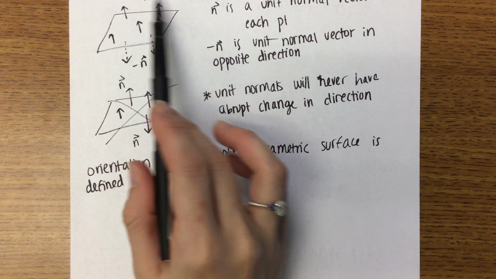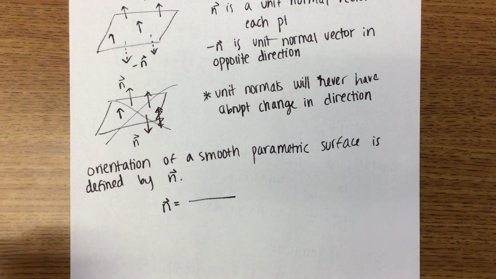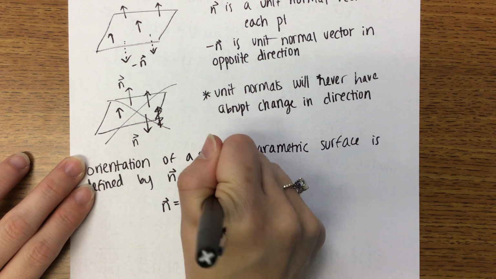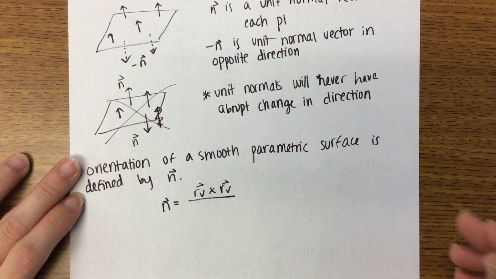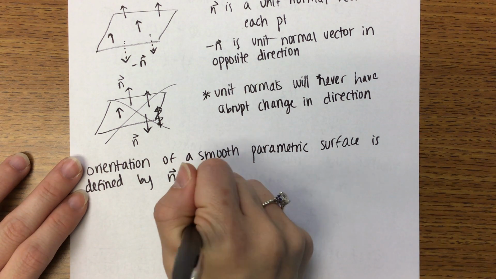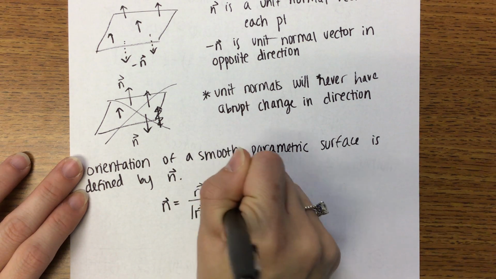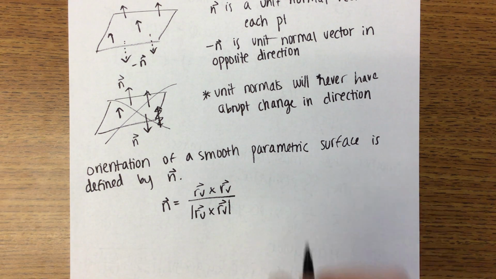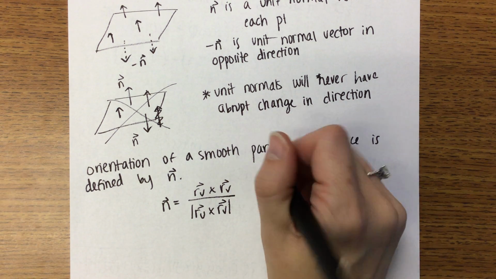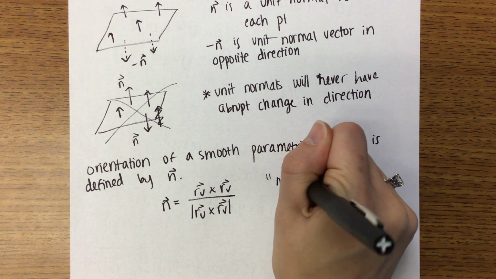Think of a plane. If you have r defined in terms of u and v, what are two vectors that are definitively in the plane? Ru and Rv. So then which vector would be perpendicular to that? When you cross them. Yeah. So n will be Ru crossed with Rv over the magnitude because it has to be a unit vector. Okay, there are two names for this. One is sometimes this is referred to as the natural orientation.